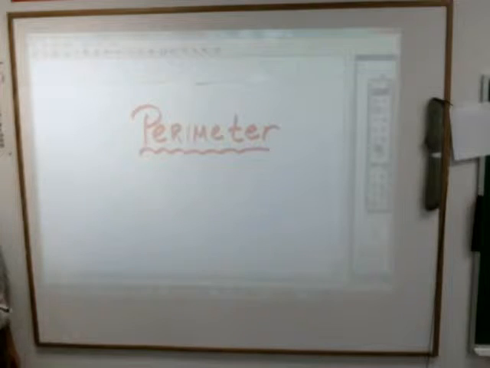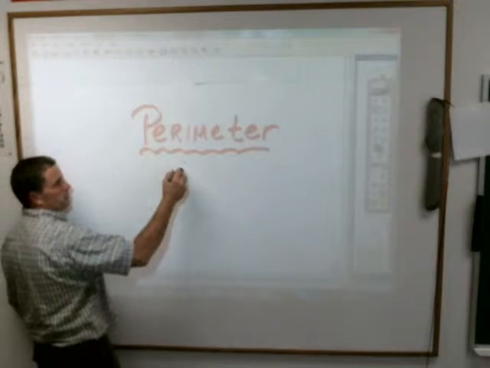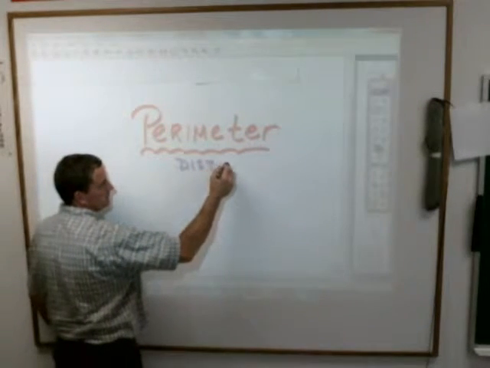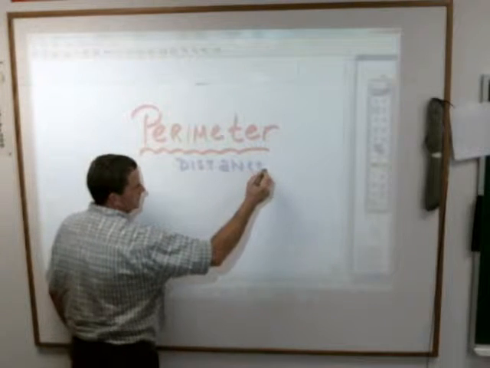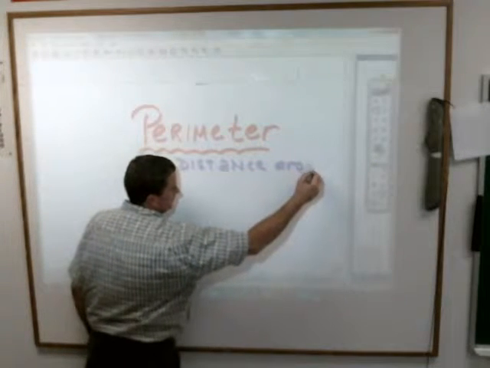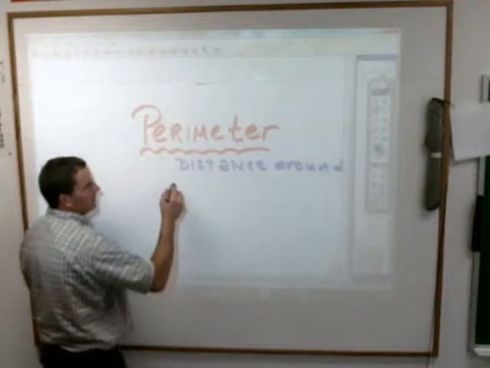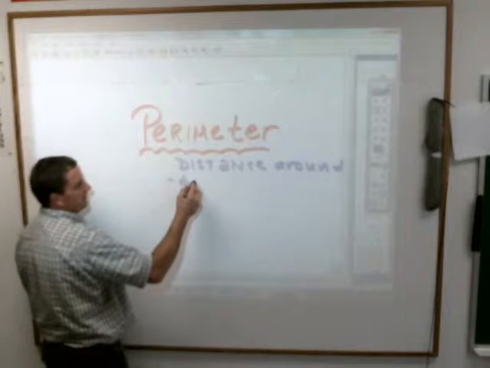Or the perimeter of this room? Or in the Army, they ask you to secure the perimeter. Go around the whole. It's the distance around. Okay, and you get it by adding all sides together.